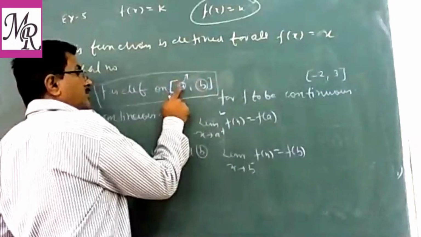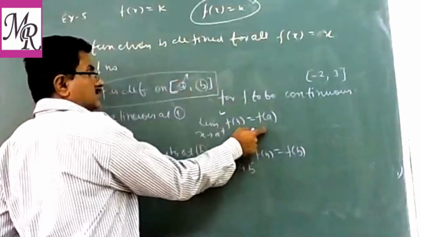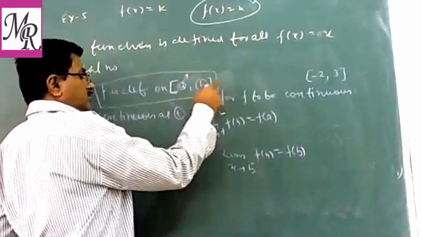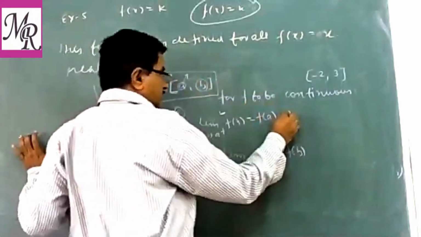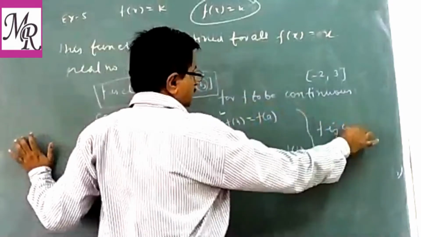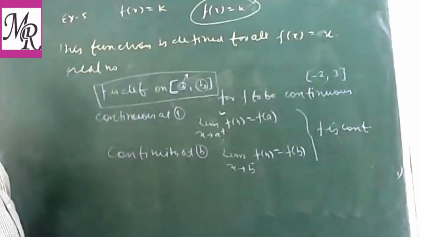So right hand limit at A should be equal to the value of the function at that point, and left hand limit at B should be equal to that. Then you can say the function is continuous. This is a very important point.